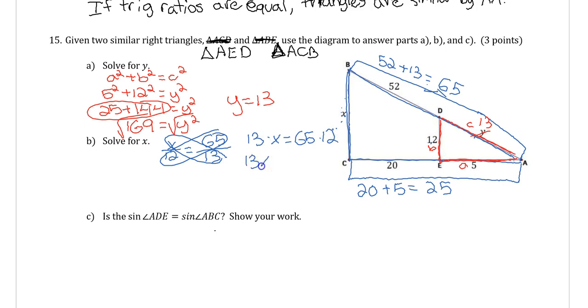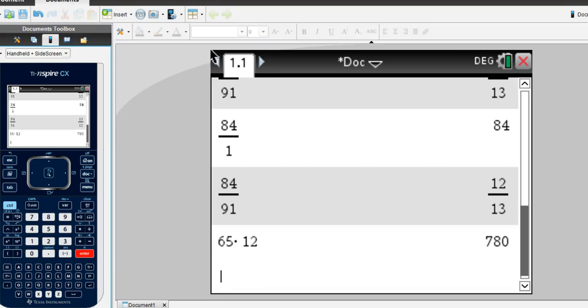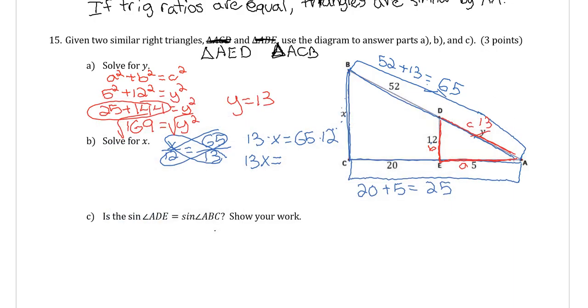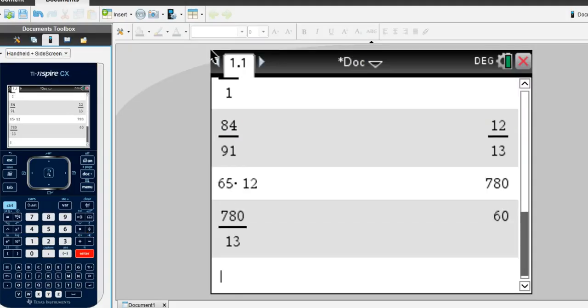So 13x equals 65 times 12, which is 780. Divide both sides by 13. And x equals 780 divided by 13, which is 60.